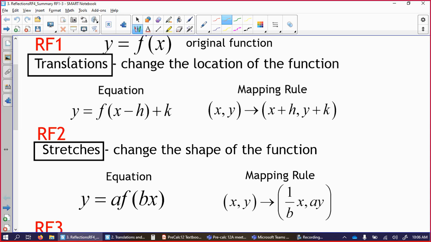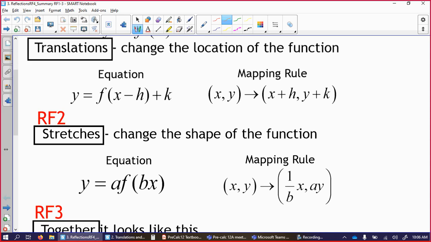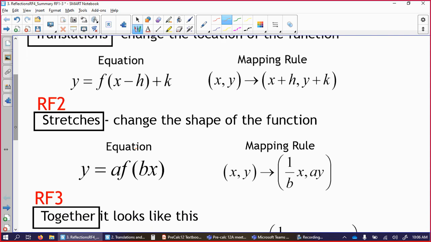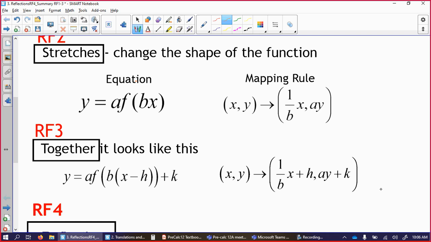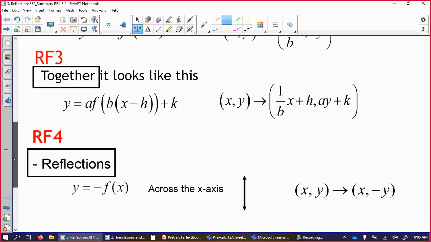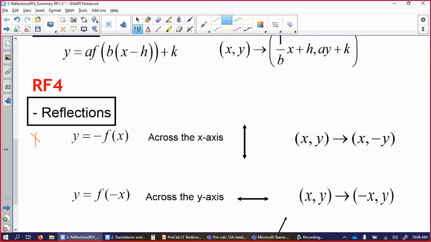So RF1 is translations, moving it left or right and up and down. Stretches, stretching the x or stretching the y. And this has the B as positive and then 1 over B. There's that reciprocal relation. Everything together. And we're going to talk a little bit about reflections. This is the new stuff.